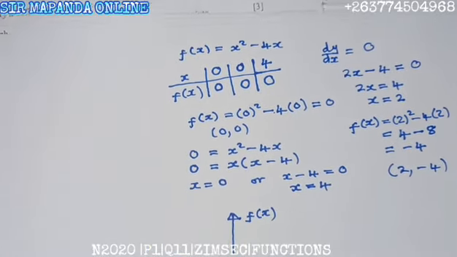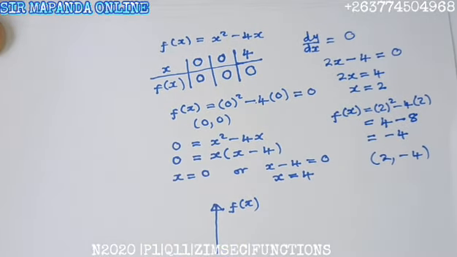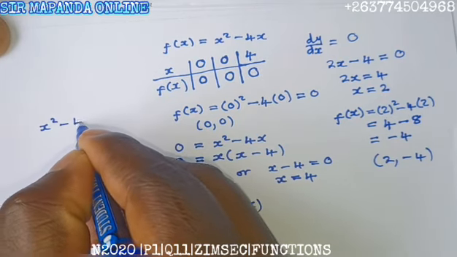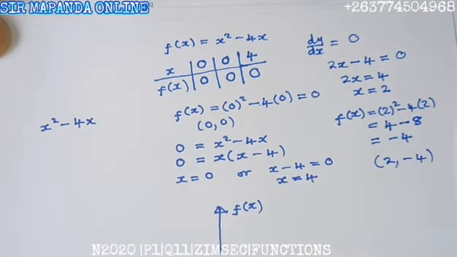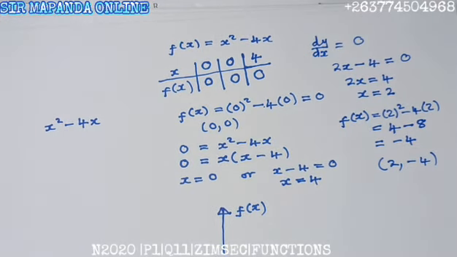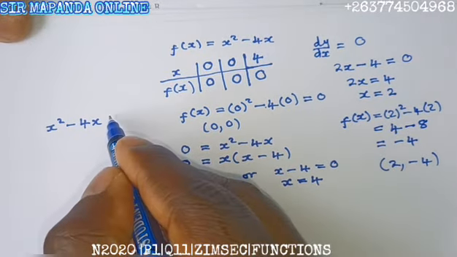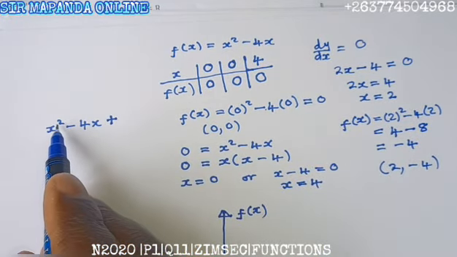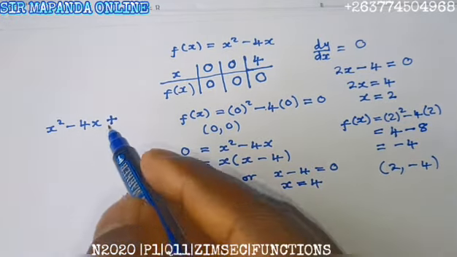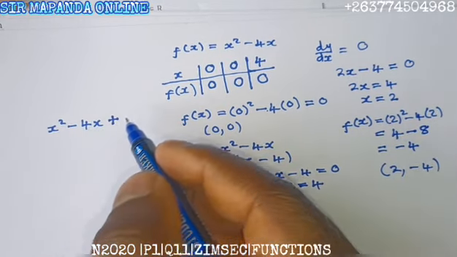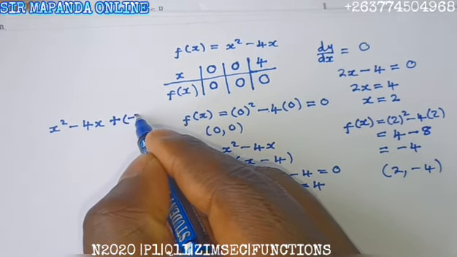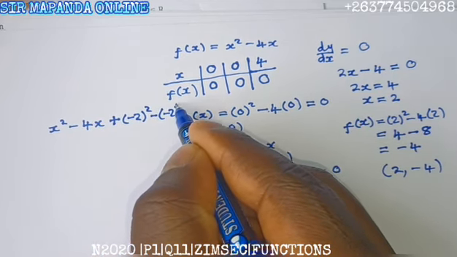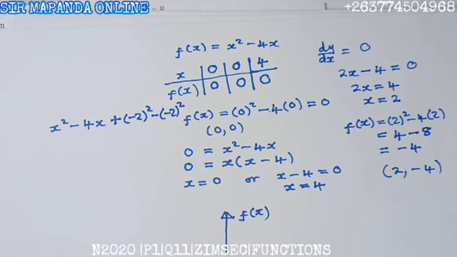Another way to find the turning point is to use the completing the square method. So you are saying x squared minus 4x. Applying completing the square, you add the square of half the coefficient of x, provided the coefficient of x squared is 1. So half of minus 4 is minus 2. So you are saying minus 2 squared, then you subtract the same minus 2 squared again.